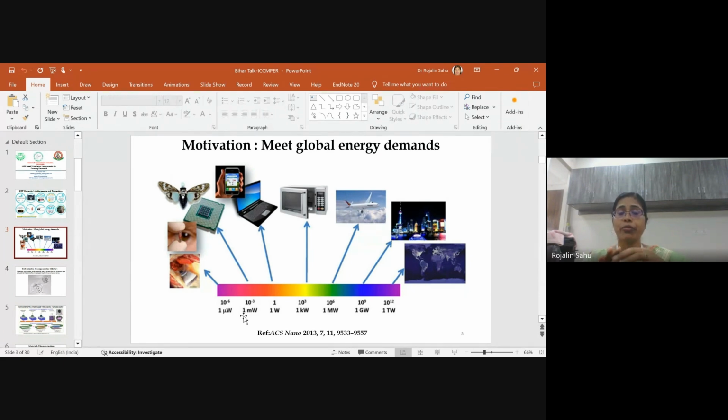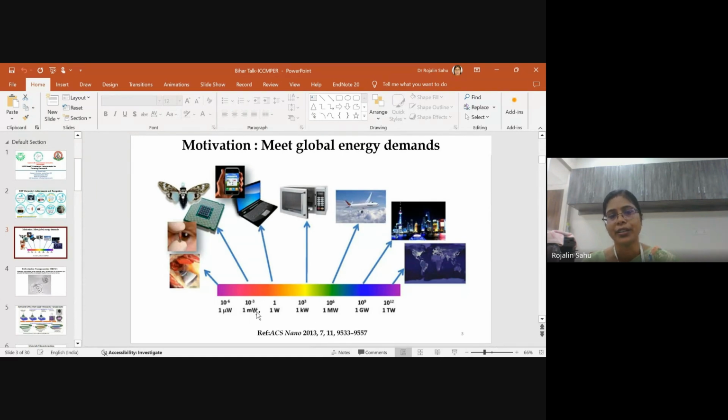But anyway, over the last two decades, any person has a number of electronic devices, even a dozen of them, so we can't avoid that. At the same time, small batteries are being used. So we thought about how to power these small electronic devices where micro or milliwatt energy is required. For that, we started this kind of research.